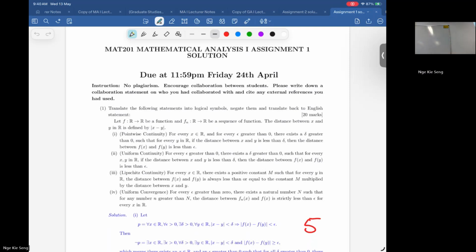Okay. So I guess assignment 1, question 1 should be okay. I think most of you are doing okay. But hopefully you know how to apply it in the later course, because we're going to see them.